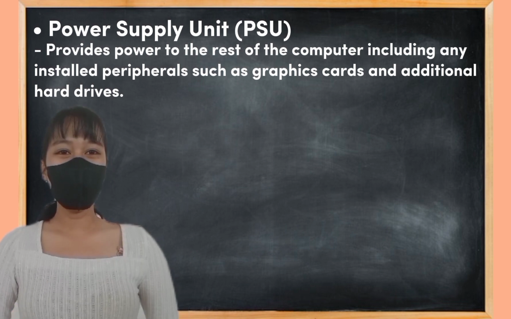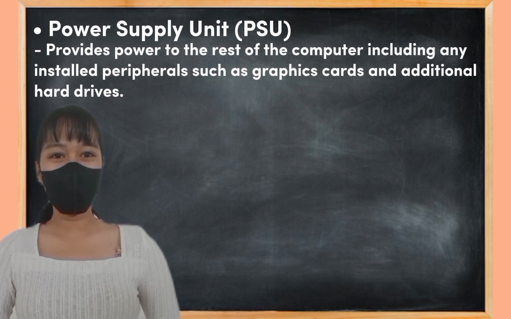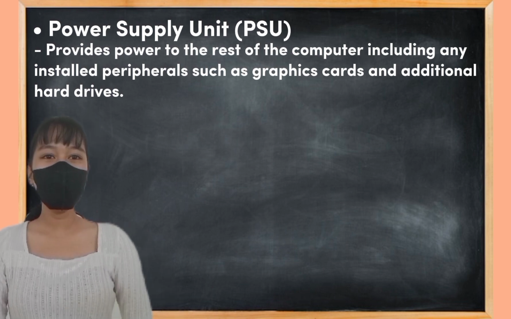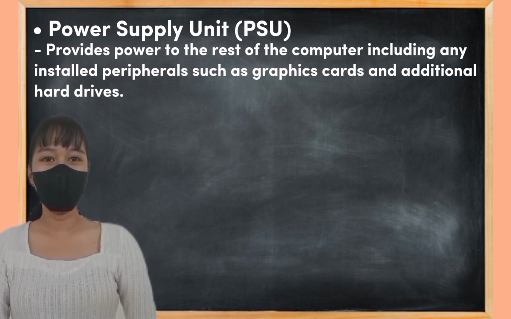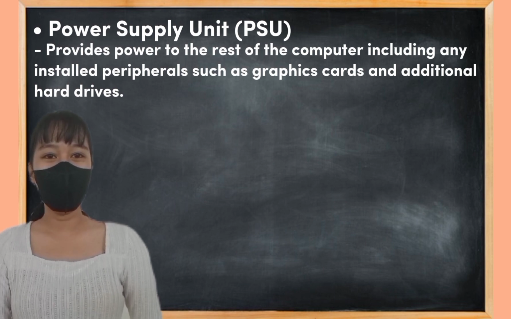A power supply unit is a hardware device that converts AC electricity into DC electricity and then distributes it to the rest of the computer. On a standard desktop computer, the PSU is where the power cord plugs in, and it usually has an I or O power switch on it.